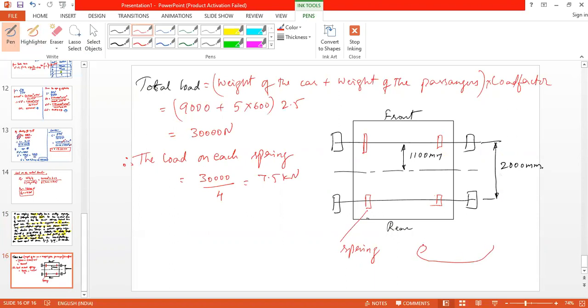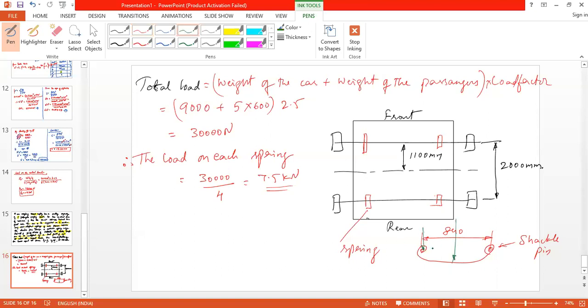See, if you consider the spring like this, this end is known as shackle, and this is shackle pin. The distance between the shackle pins is 840 mm, and this 7.5 kilonewton load is acting here.